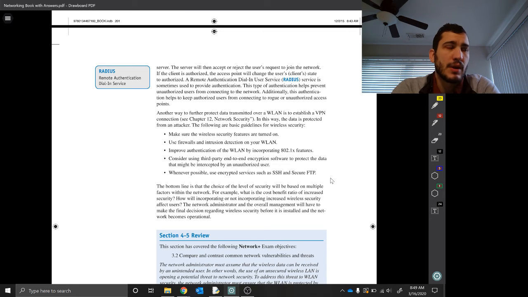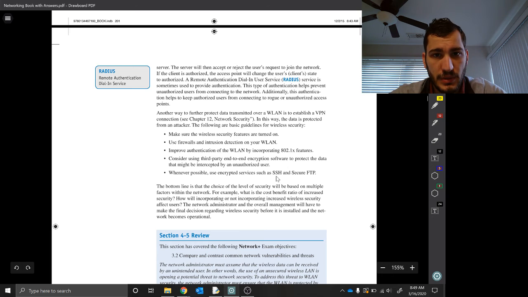I don't think my router has intrusion detection services, but it does have firewalls. Improve authentication, so make sure you have the 802.1X feature, so you're using WPA, WPA2, those sorts of things. You can use third-party applications, which I have not done, but you may want to. And whenever possible, use encrypted services. So always encrypt your information.